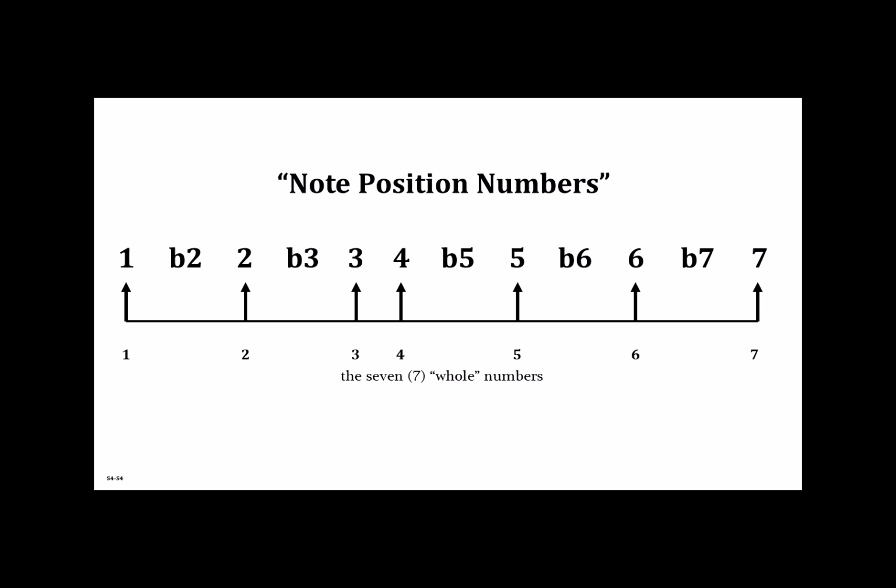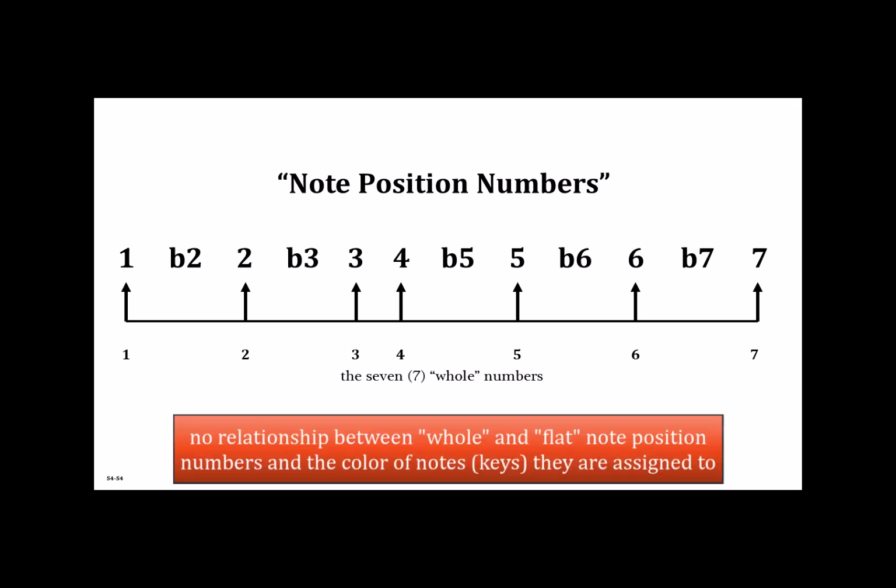The other 11 chromatic octaves will have whole numbers assigned to black notes as well. My ultimate point is that I want to be sure that you understand there is no relationship between whole and flat note position numbers and the color of the notes they are assigned to, as I did many years ago.